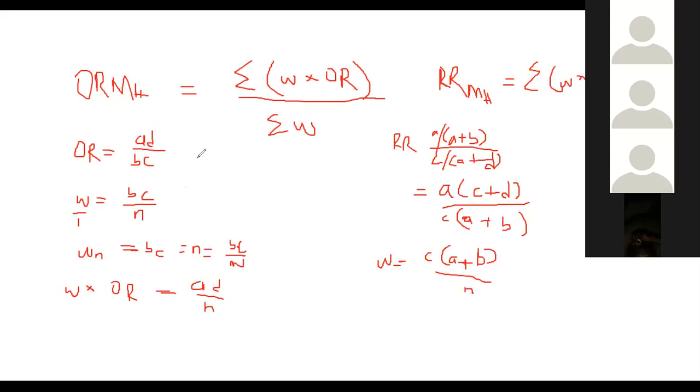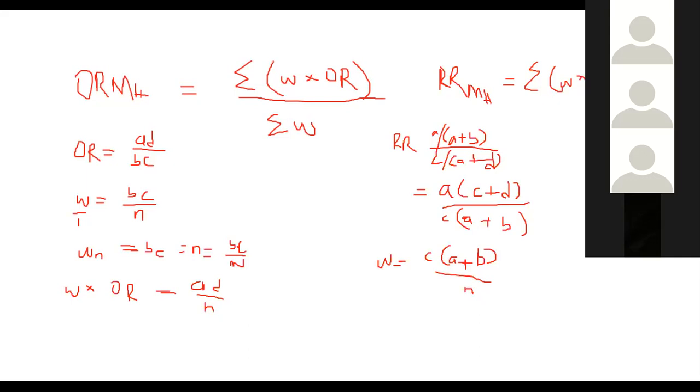If you say OR, this formula, OR is equal to AD over BC. You can replace the BC with WN. So AD over WN.